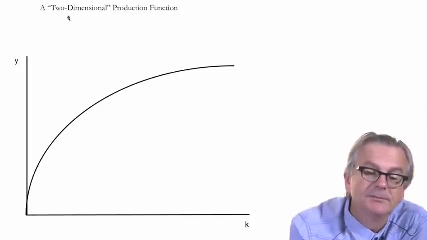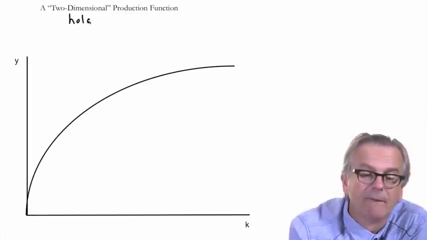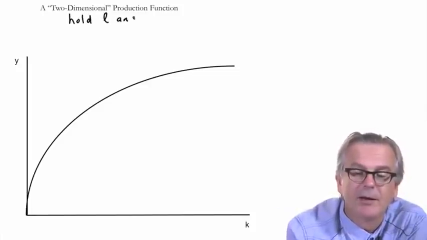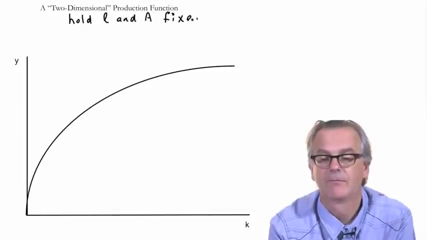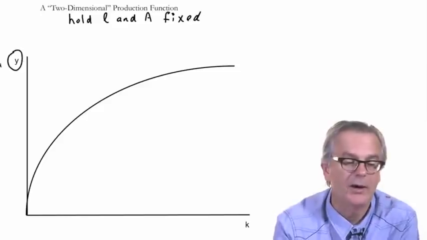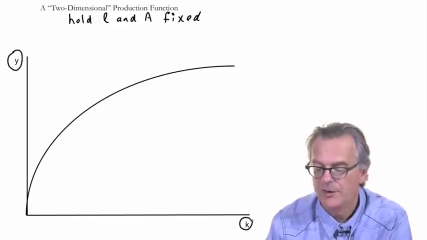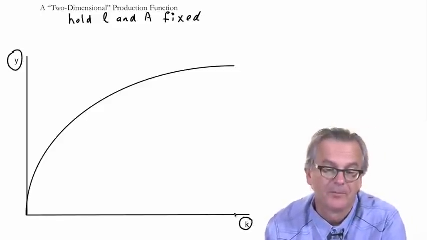So remember, we're holding labour and total factor productivity fixed, and we're looking at what happens to output when we vary capital.